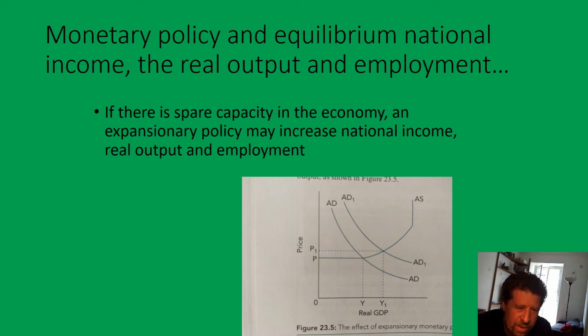Here we see from the diagram the real GDP going up. So we've increased aggregate demand with this expansionary policy, and that should increase the real GDP and maybe a little bit the prices here. So that should be the intention.